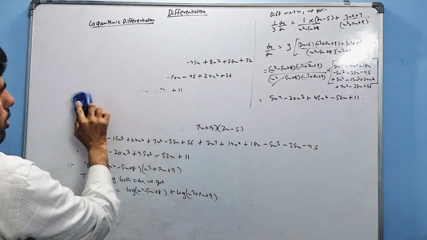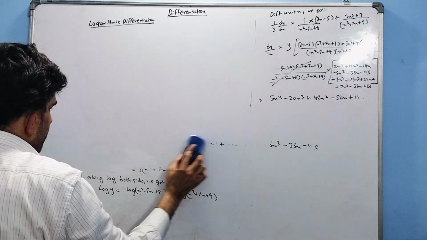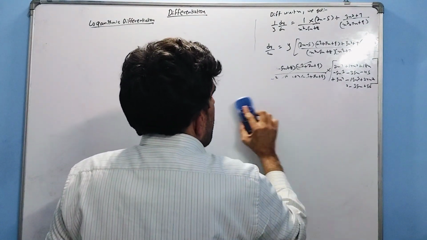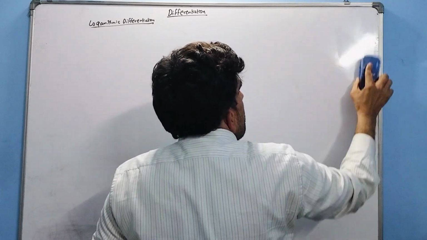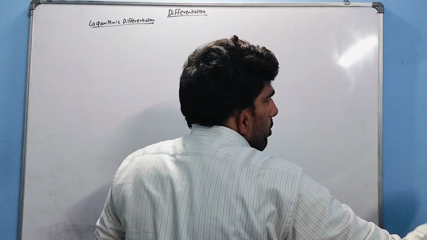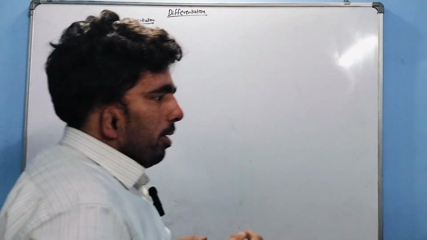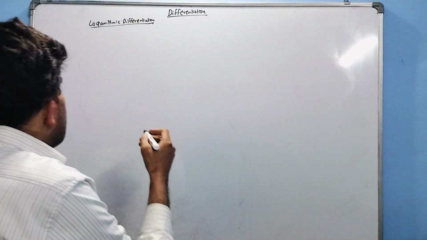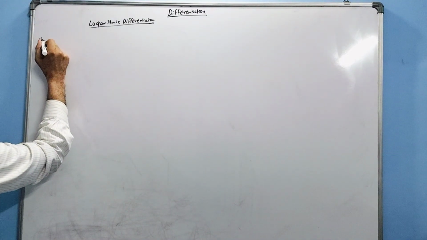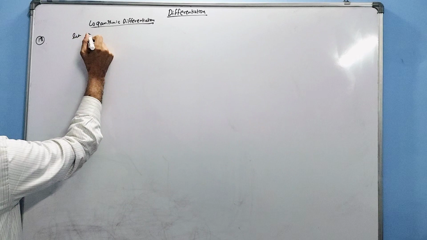Okay, so now let's try to solve. We are given the function u v w. We need to differentiate it by repeated application of the product rule and by logarithmic differentiation. So let y equal u v w.